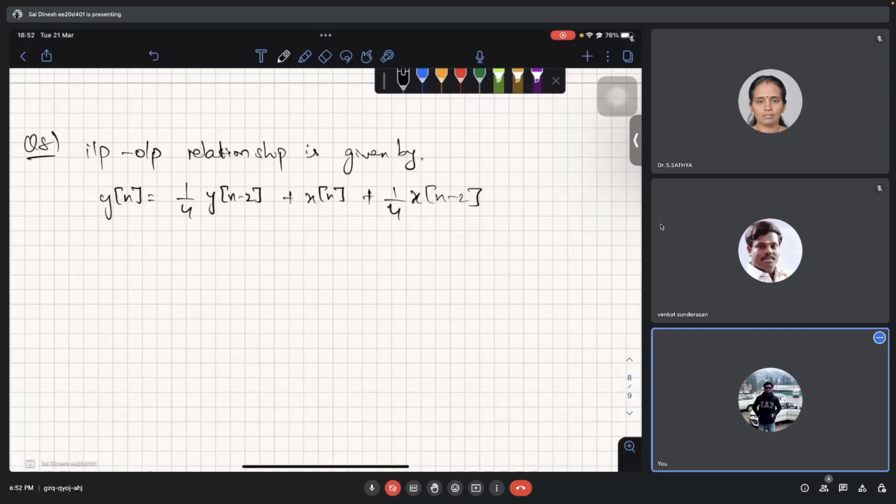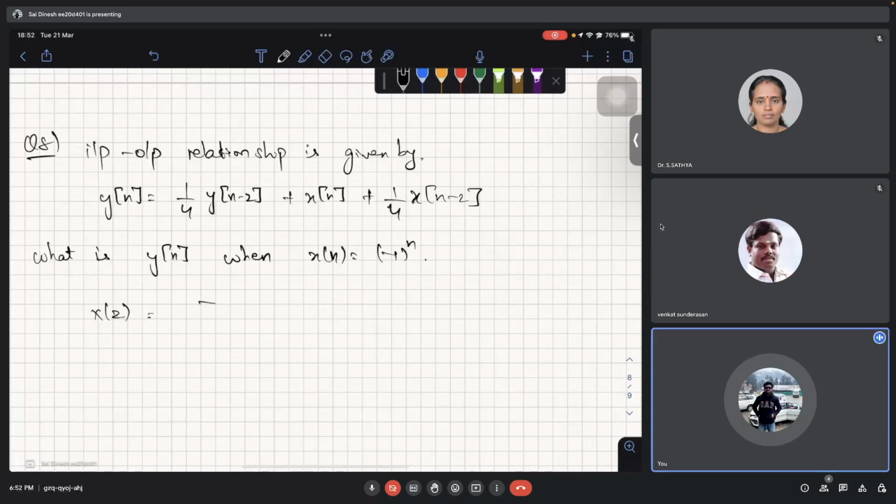What is the question? What will be the system output y of n when x of n is equal to minus 1 power n?